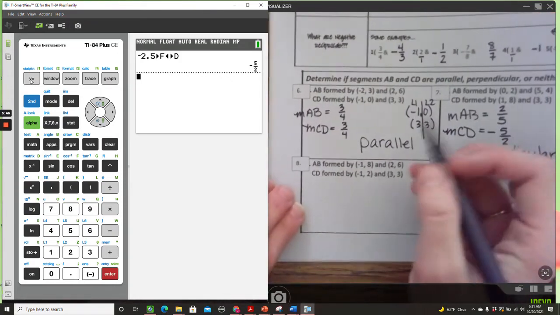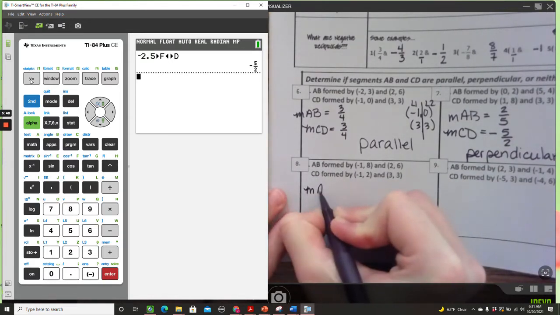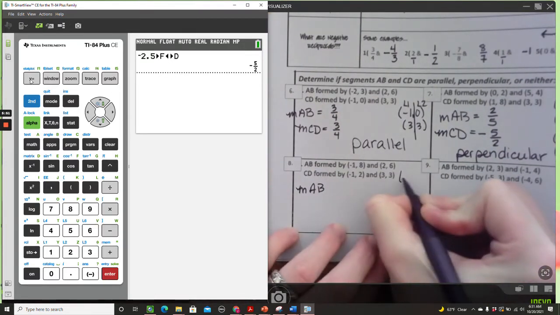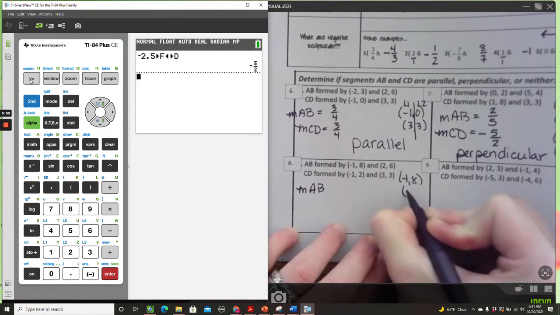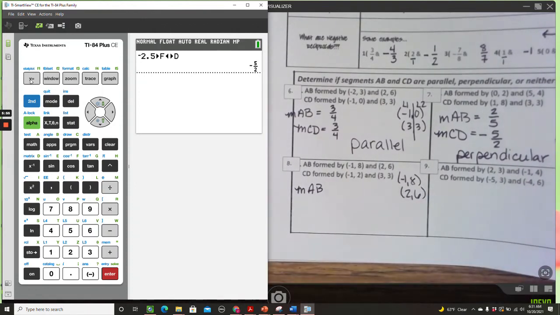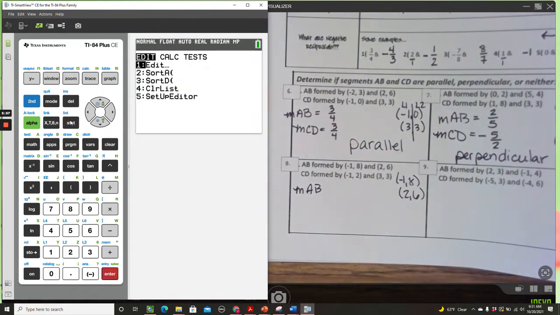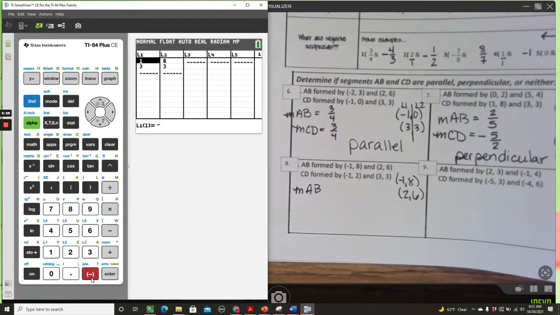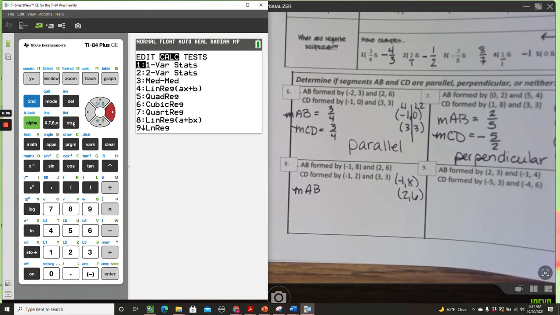Okay, on the next one, the slope of AB. So I've got negative 1 comma 8 and 2 comma 6. Negative 1 and 2. 8's already there, so 6. Stat, right arrow key 4.